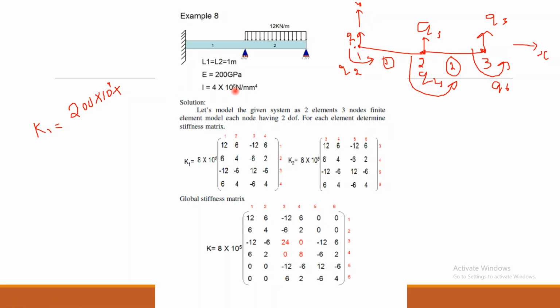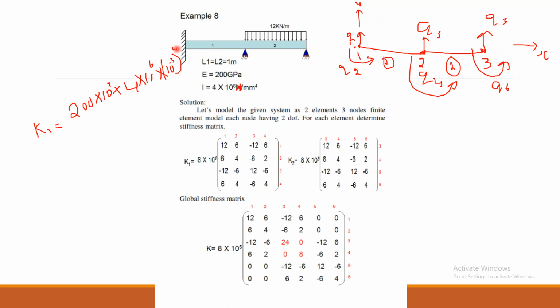Okay, there is a small mistake, this one should be mm power 4. I is 4 into 10 raised to 6 mm power 4. So if I convert that, then it becomes 4 into 10 raised to 6, in terms of mm power 4, multiplied by 10 raised to minus 3 whole power 4.